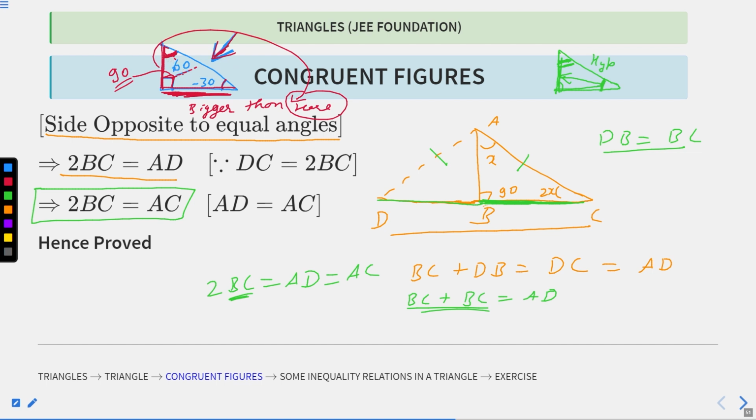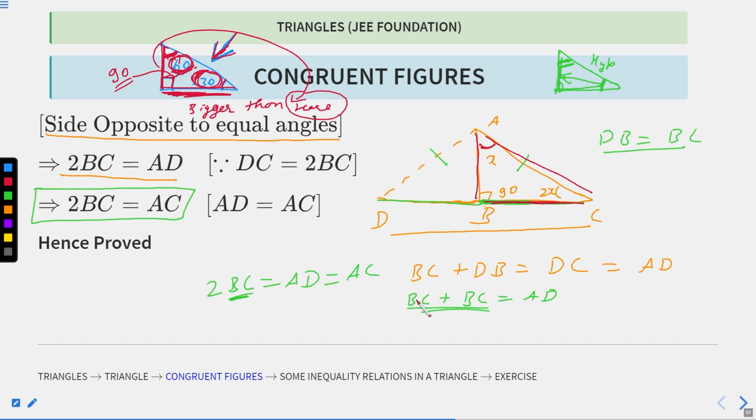If you compare this 60 and 30, the largest side goes with the angle which is bigger, and the smallest side will be opposite the acute or smallest angle. Here the angle is just x, so if you compare this and this, this is the smallest side.